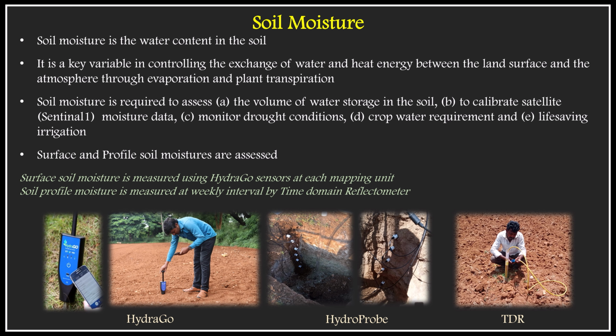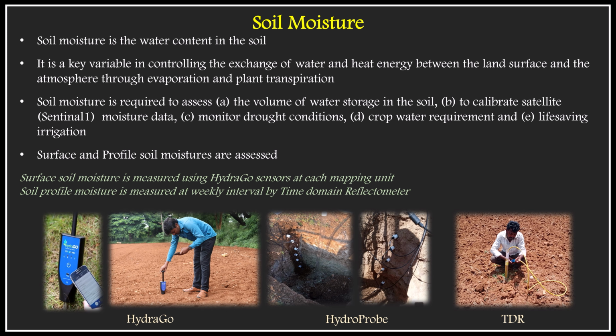Soil moisture is yet another parameter considered under hydrology data. The soil moisture is assessed to know the volume of water storage in the soil, to calibrate satellite moisture data, and to monitor drought condition, crop water requirement, and life-saving irrigation.